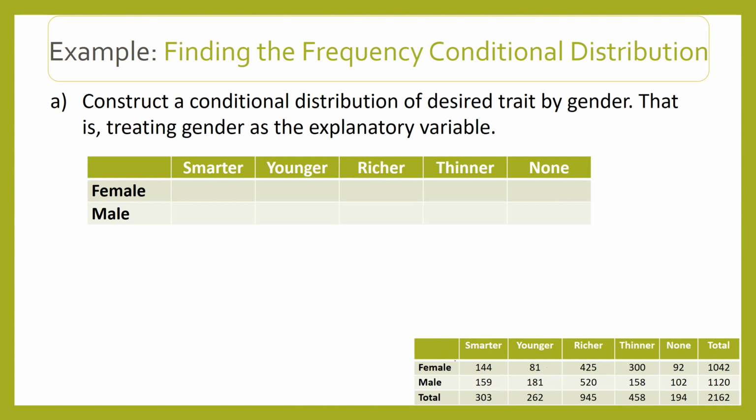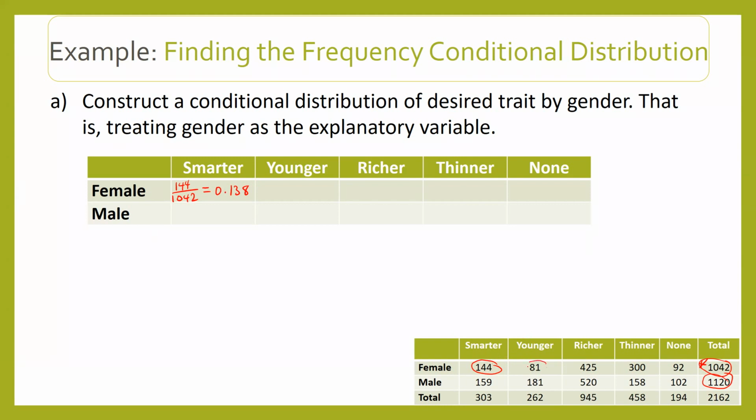In this case, because our explanatory variable is gender, we are going to be using row sum. So we are going to consider these two numbers. That's the focus now. So if I want to find the relative frequency for this one, that would be 144 divided by the total sum here, which is 1042. And if you do that, you are going to get 0.138.